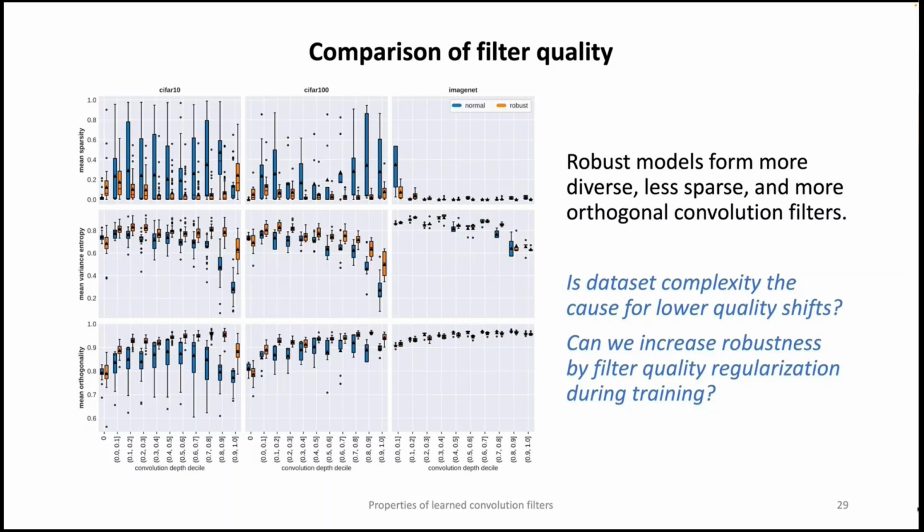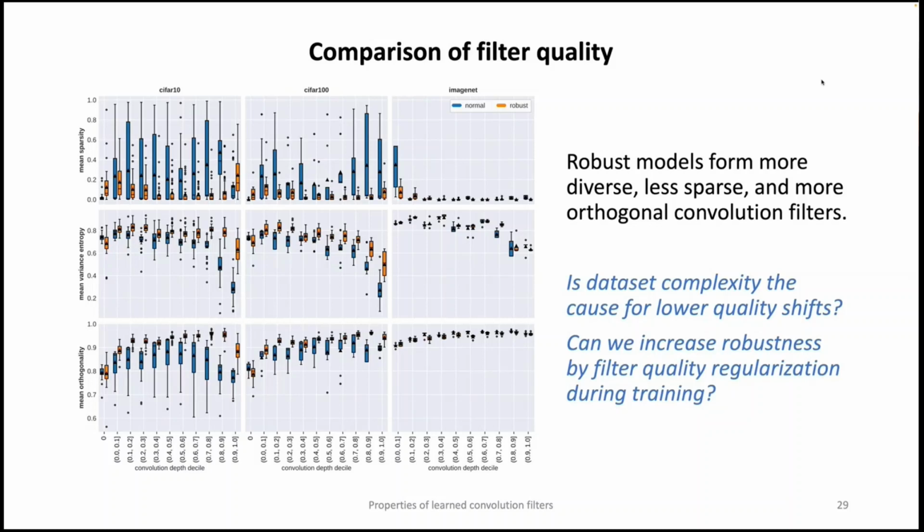So our conclusion was that robust models that are trained by adversarial training actually form diverse, less sparse, and more orthogonal convolution filters. But we weren't really able to pinpoint why. So apparently the dataset complexity itself causes better filter quality. And if you think about adversarial training, what it does is it actually introduces new data to the training. So it seems natural that you reduce the overparameterization.